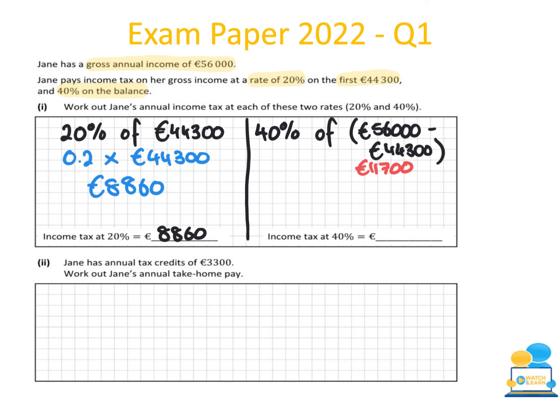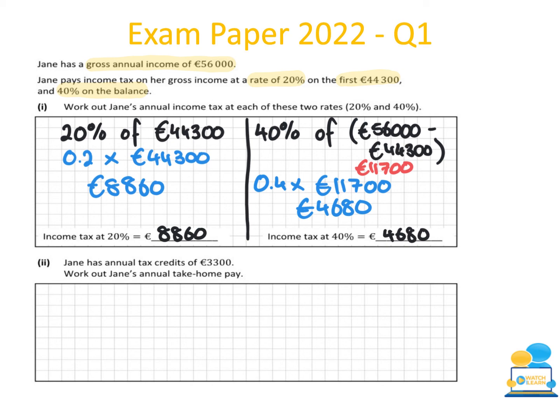Therefore, we need to find out what is 40% of 11,700. So changing 40% to a decimal, 0.4 multiplied by 11,700. And that will give us the amount of tax she's paying at the higher rate, 40%. So 0.4 multiplied by 11,700 gives me an answer of 4,680. And that is my answer to the second part in part 1. The income tax paid at 40% is 4,680.